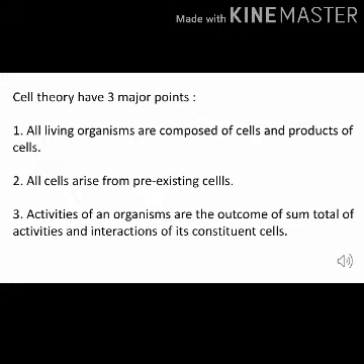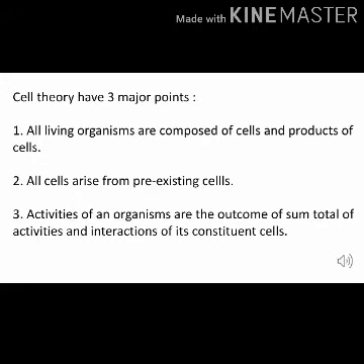The meaning of this statement is that the things that we see or the product that we get is the sum total of all the activities and the interactions that the cells have with each other. We have seen in the levels of organization how from a cell a tissue is formed, and from tissue an organ, and from organ an organ system.